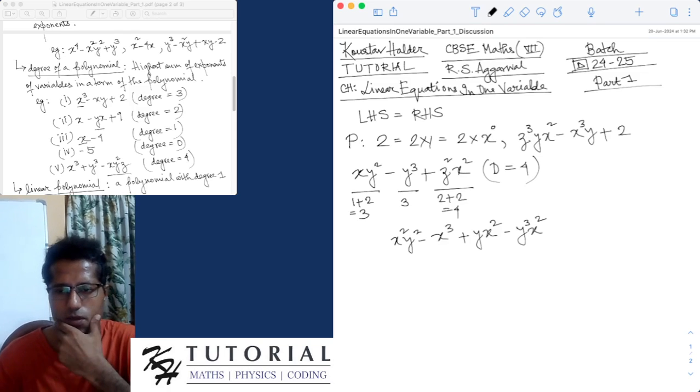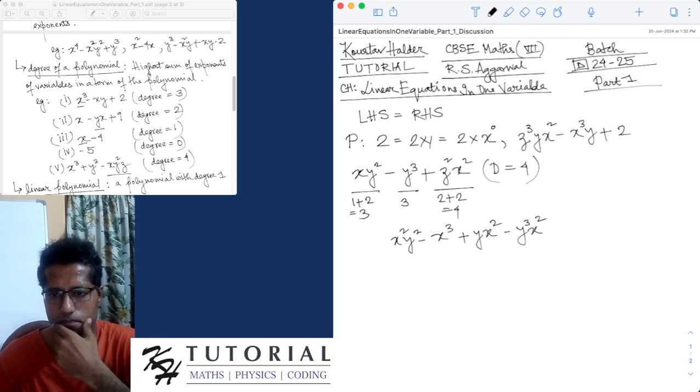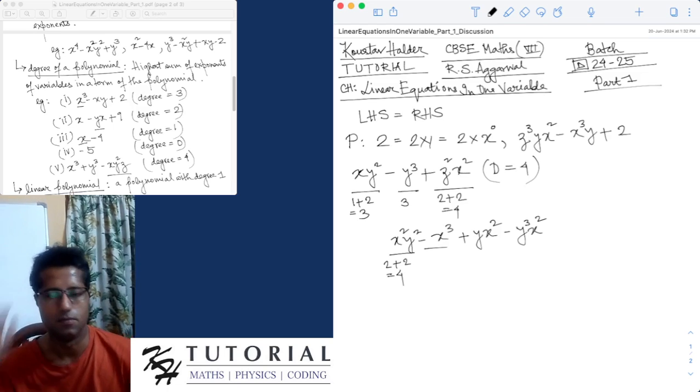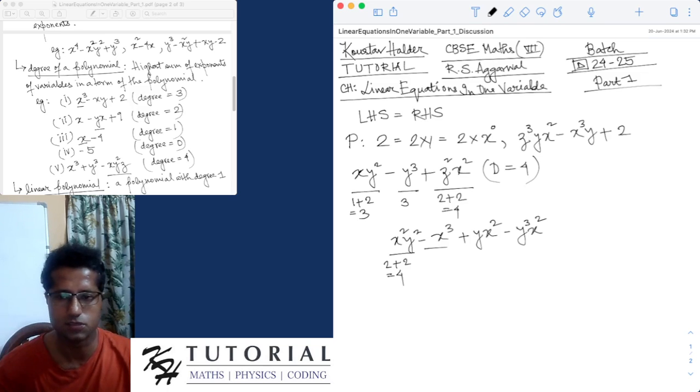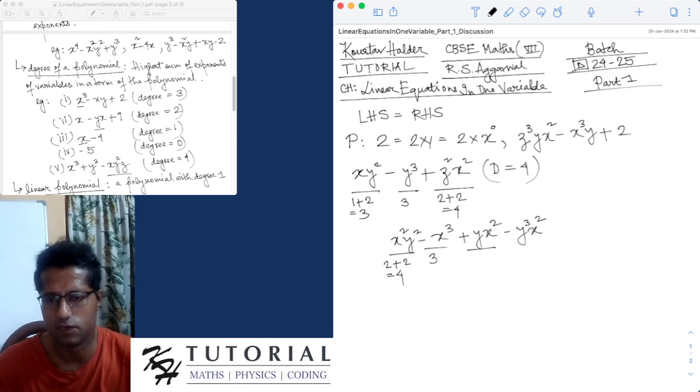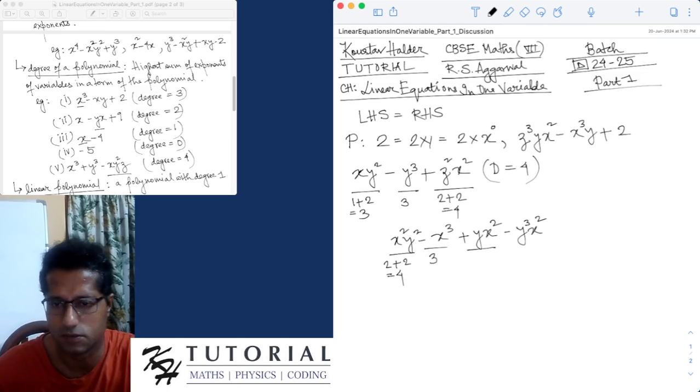So this is a polynomial in 2 variables x, y, and what is the sum of powers of the variables in the first term? It is 2 plus 2 equals 4. What is the sum of powers in the second term, minus x cube? It is 3. What is the sum of the powers of the variables in the third term, y x square? It is 1 plus 2 equals 3.